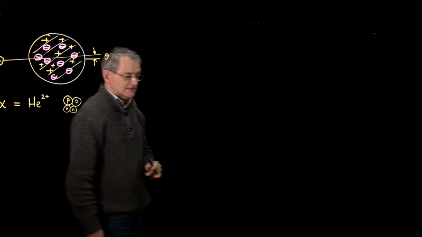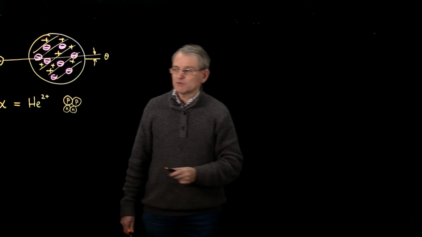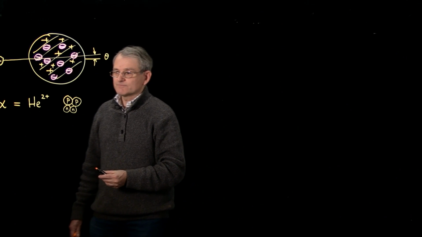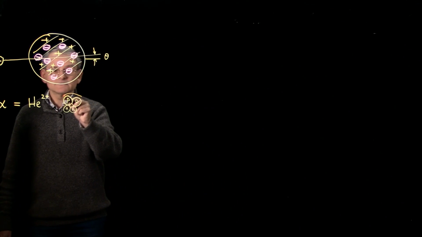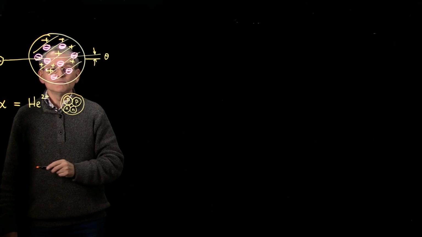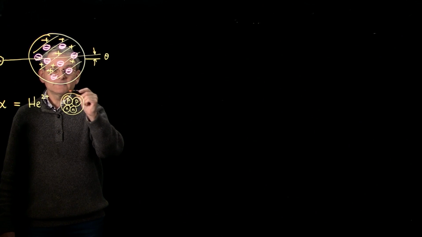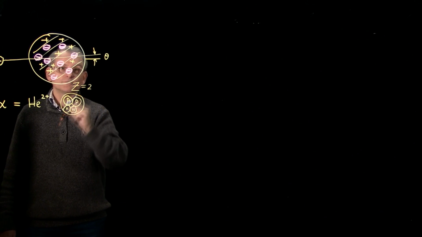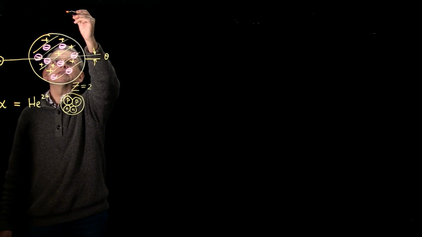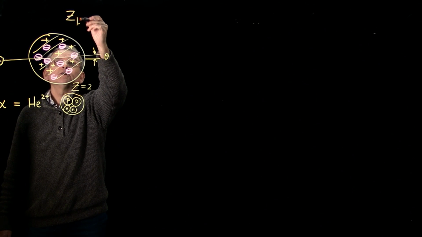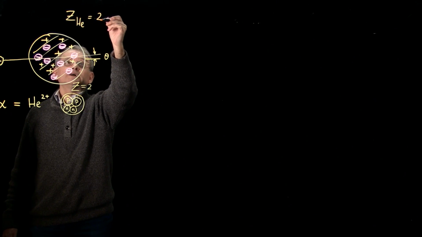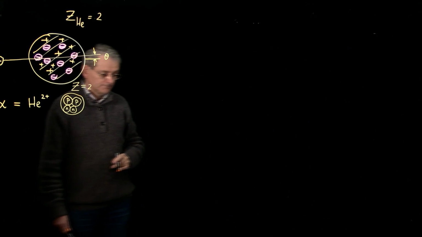Of course, at that stage, the neutron hadn't been discovered. But nonetheless, this is a positive charge. It has an atomic number of 2 because there are two protons.